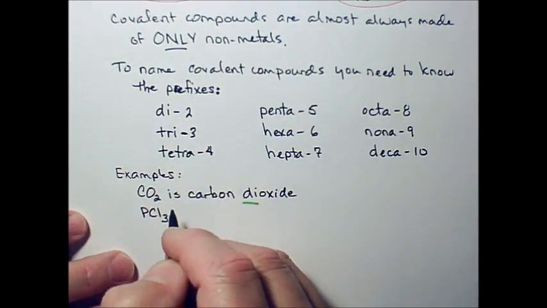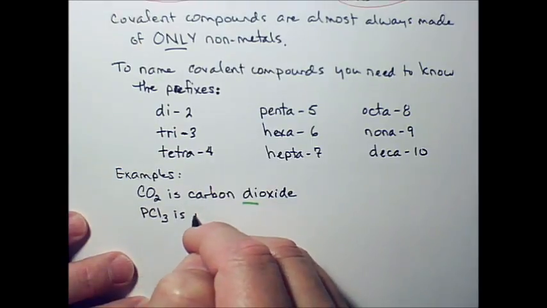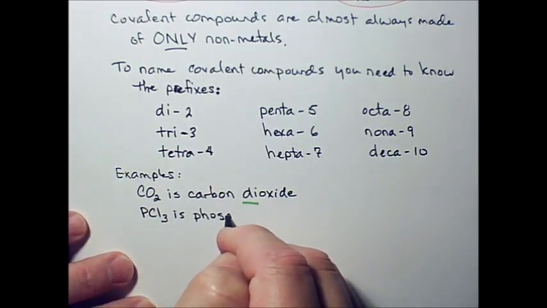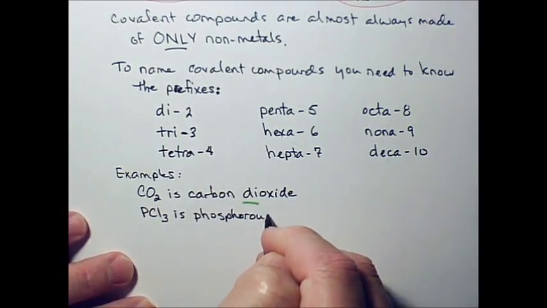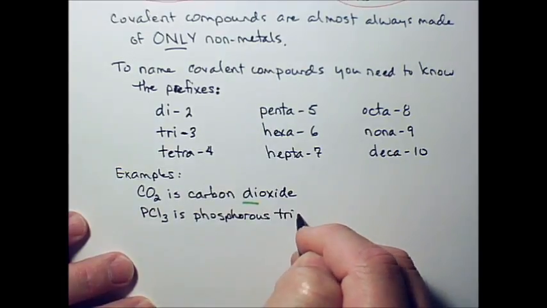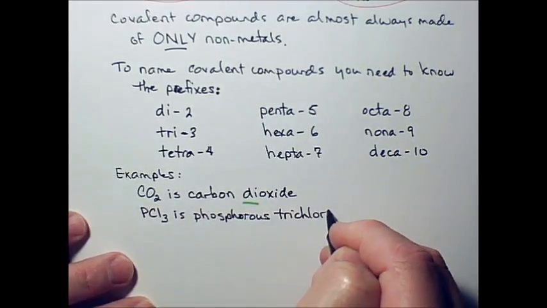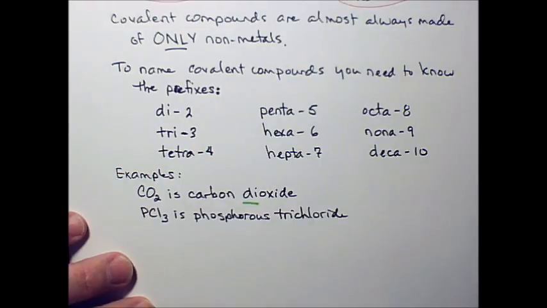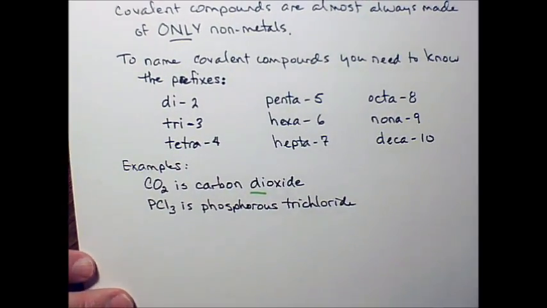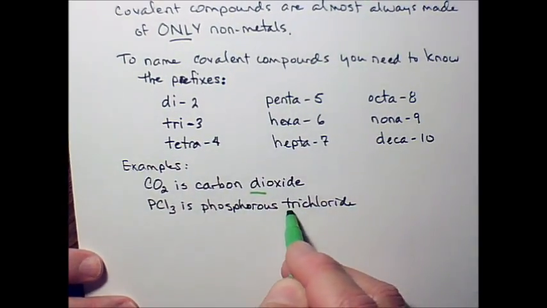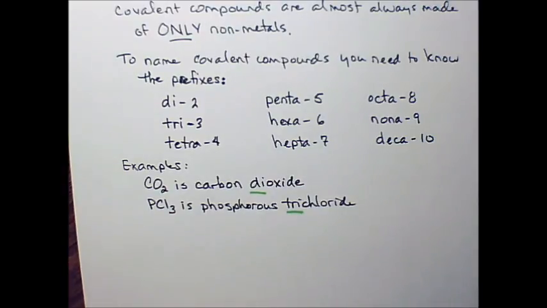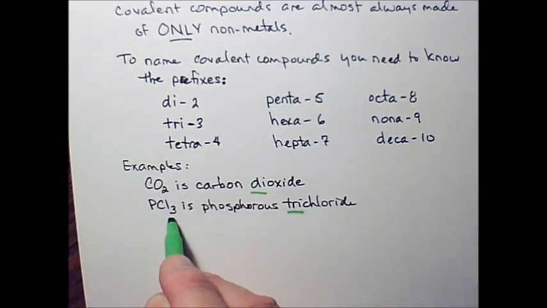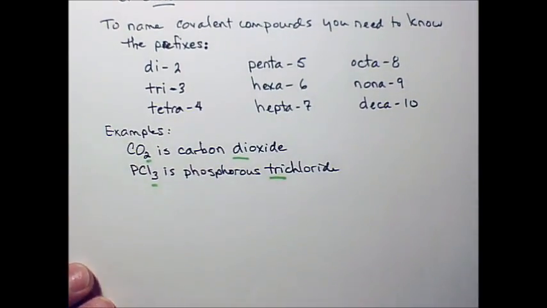PCl3 is phosphorus trichloride. Tri meaning three chlorines. You put a prefix in front of anything in a covalent formula. Okay?